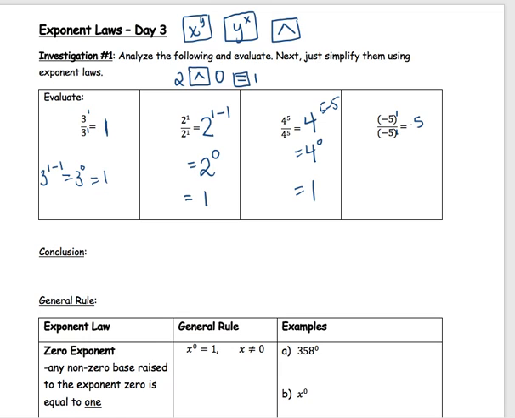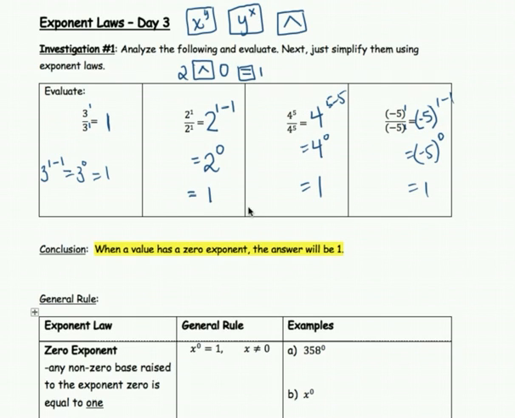So it's negative 5 in brackets, and it's 1 minus 1. So you get negative 5 to the 0, which is 1. The conclusion here is if you have an exponent 0, the answer is 1.